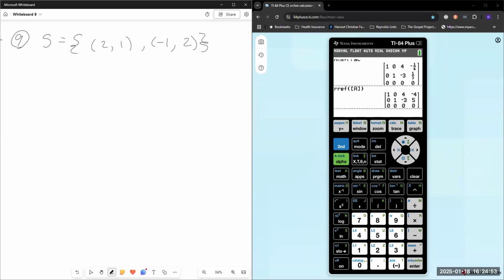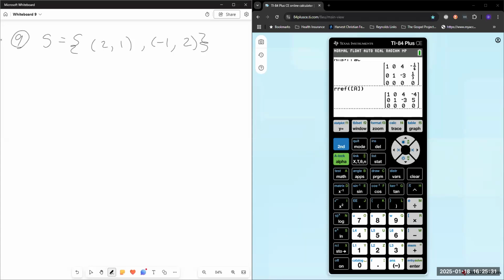If these vectors are linearly independent, where the only way to get 0 from them is to have 0 of each of them, then I can go ahead and say that they will span R2. I can make any vector in R2 that I want to from any two vectors of that dimension. These are two-dimensional vectors. I can span R2 with them if they're linearly independent.